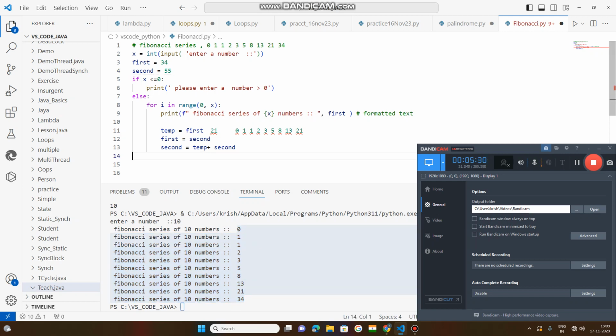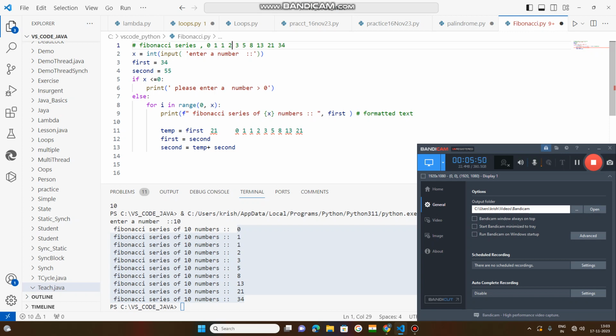So like this we can get the Fibonacci series. Fibonacci series means, as I told you, the initial two values will be there, 0 and 1, after that the next number will be the addition of these two numbers. Next number 1, addition of 1 plus 0, 1.